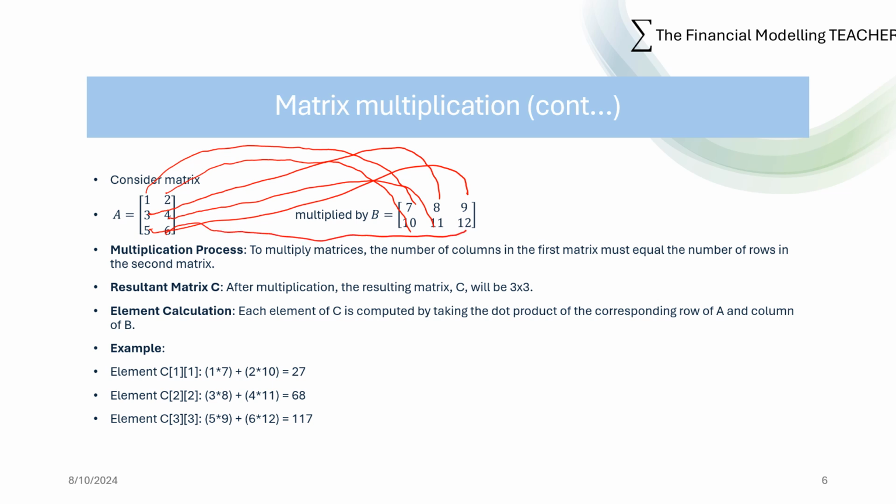The 5 will come to here. So this process will give us those results at the bottom. What that means is that after multiplication, the resulting matrix will be a C matrix, which will be a 3 by 3 matrix.